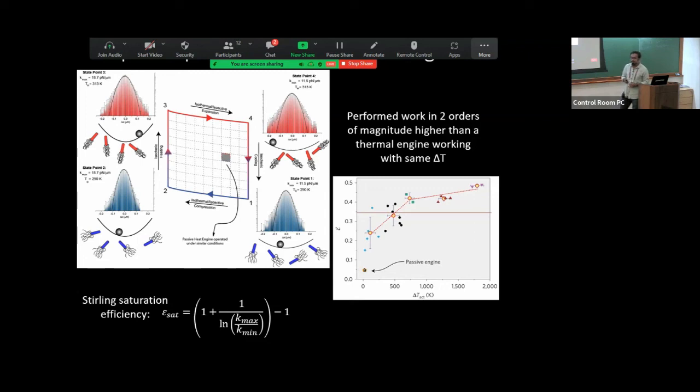So the question is what is this Kmax and Kmin, and does it have some relation with the non-equilibrium thing or your non-reciprocity, since you are getting some non-Gaussian thing. Right. Yeah. So basically this Kmin and Kmax are the maximum and minimum stiffness of the harmonic potential across the cycles.